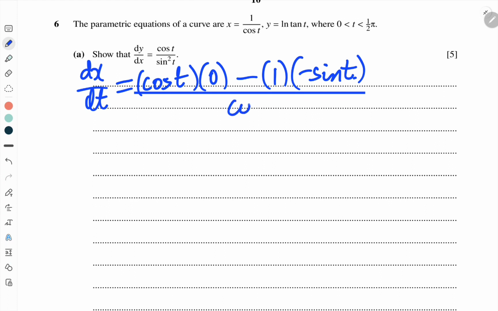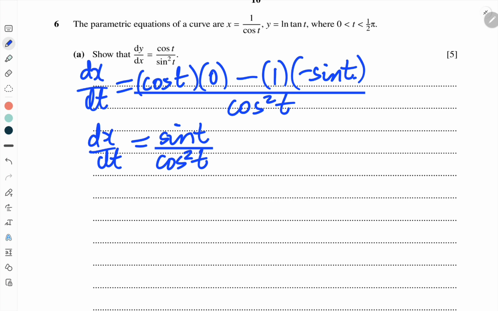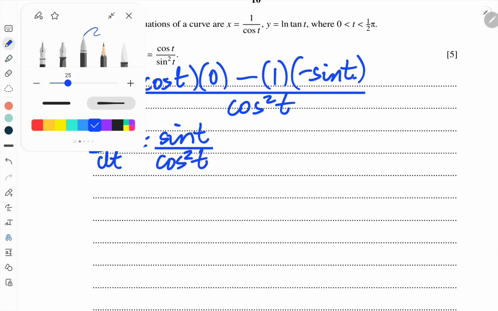Our denominator is now cos squared of t. So in the end, our dx dt will give us a sine of t over cos squared of t. That's dx dt. Then at the same time, we're supposed to find the derivative of y with respect to t.